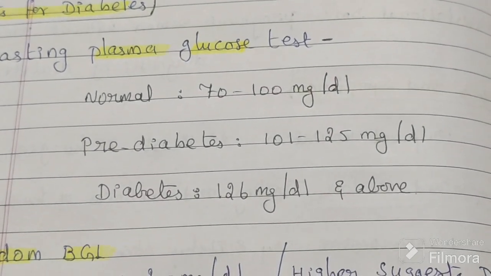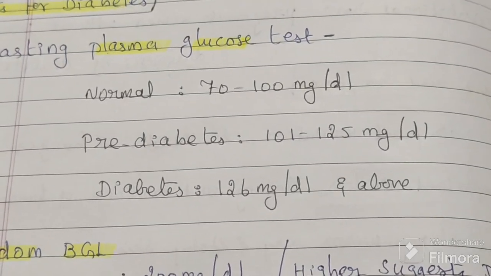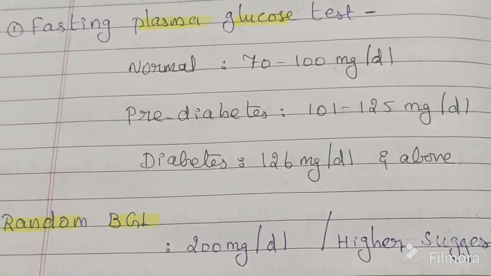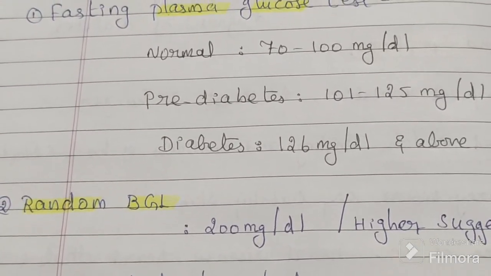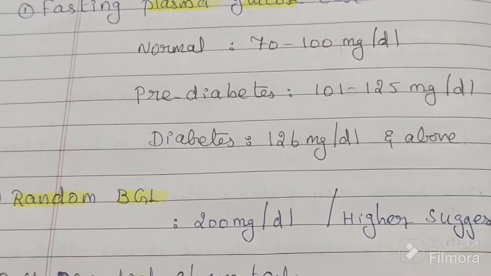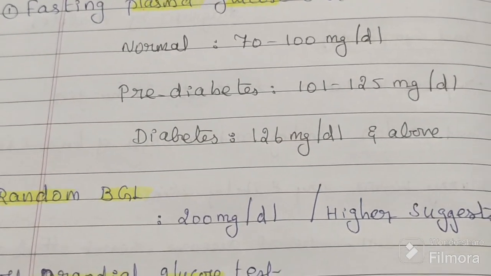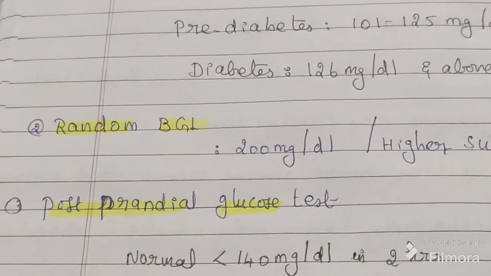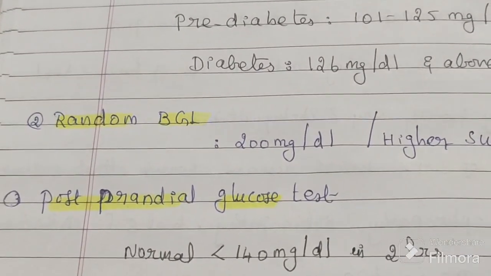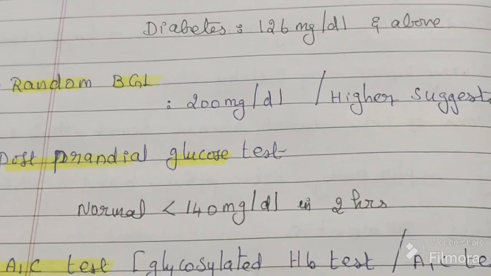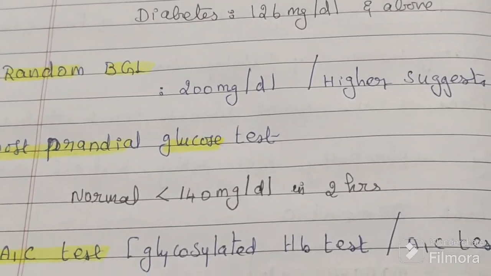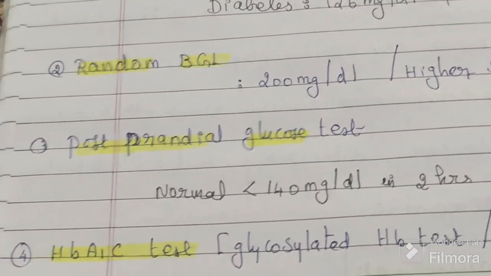Diabetic more than 126 mg per deciliter. Then random blood sugar, 200 mg per deciliter or higher means diabetic condition. Post prandial glucose level after glucose load, normal less than 140 mg per deciliter.